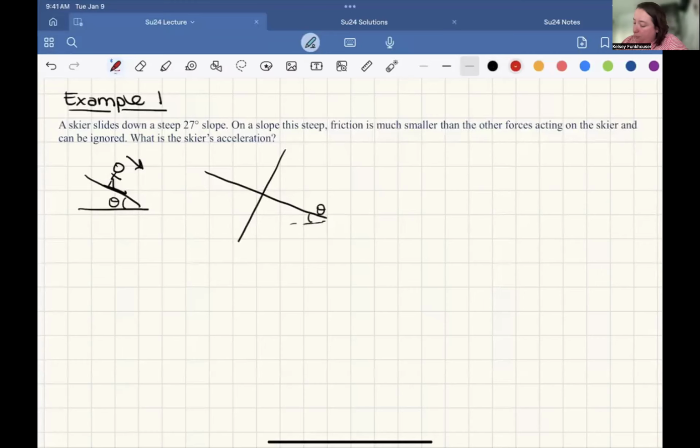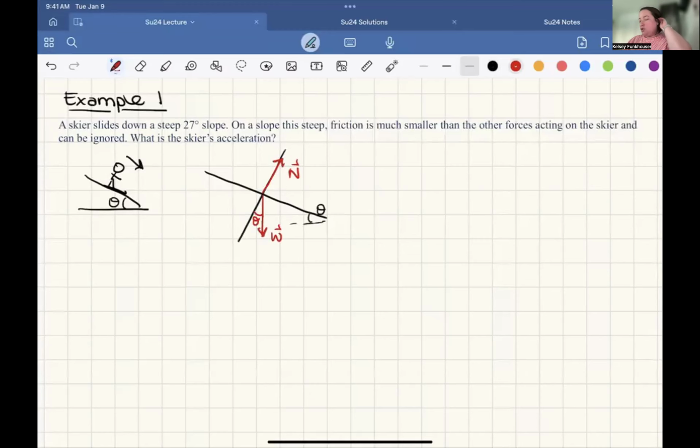So we have the normal force, that's pointing straight up. I'm sorry, perpendicular. Normal force is perpendicular to the surface, so not straight up in this example. And then the weight force is straight down. So we'll draw that one straight down. And remember, we just saw that that angle there is theta.